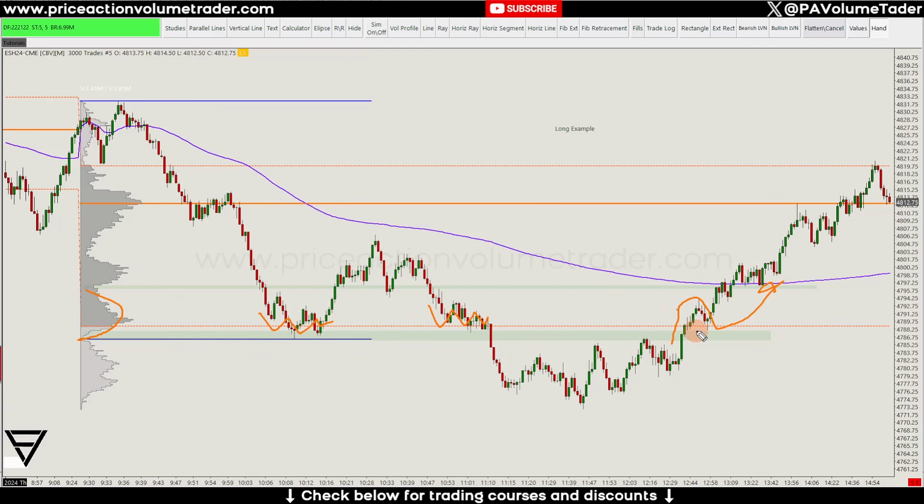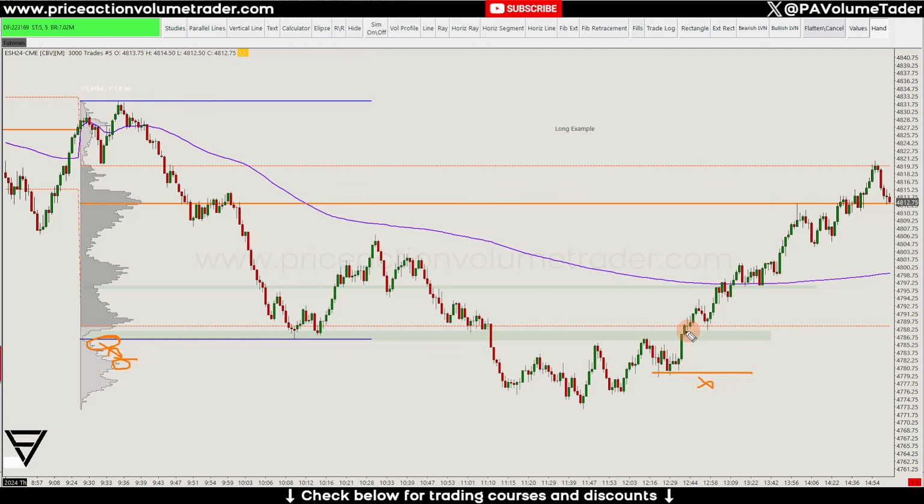We pull back, have a nice little retest, and then the market just goes from there. Okay, so in this case, you could have put your stop just beyond the lows here, right beyond this low volume node area, and even below the point of control here.